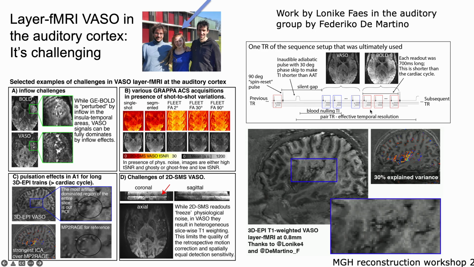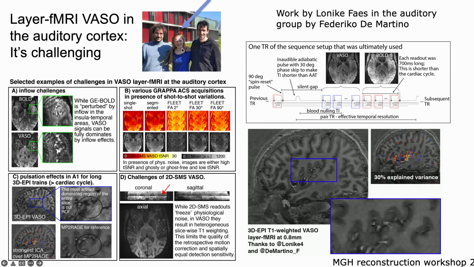Layer fMRI, and specifically layer fMRI VASO, has been conducted in many cortical areas already, and one of the hardest cortical areas still is the primary auditory cortex, where the cardiac pulsation artifact with relatively long 3D EPI readouts just basically makes the Heschl's gyrus disappear.